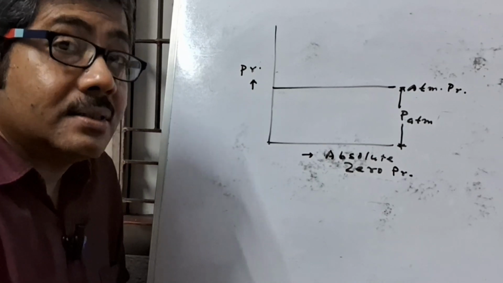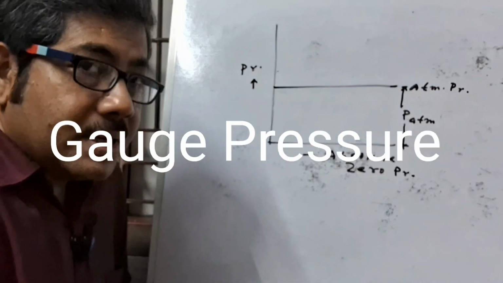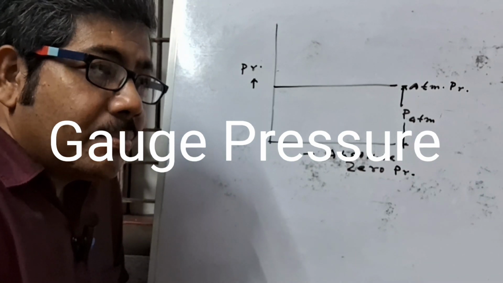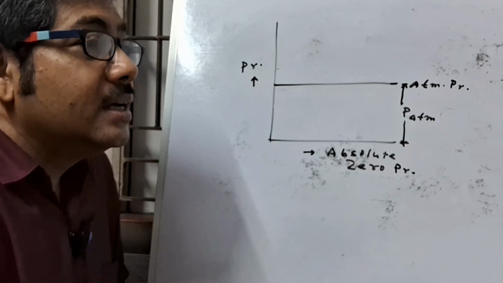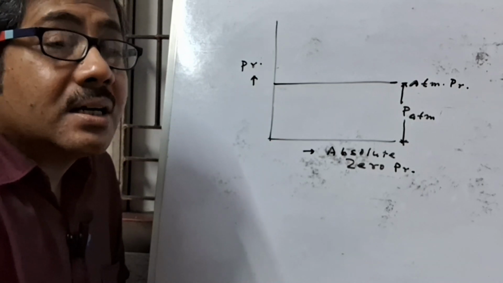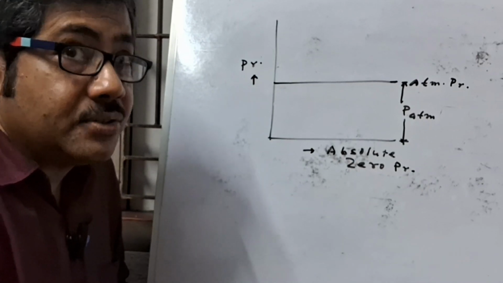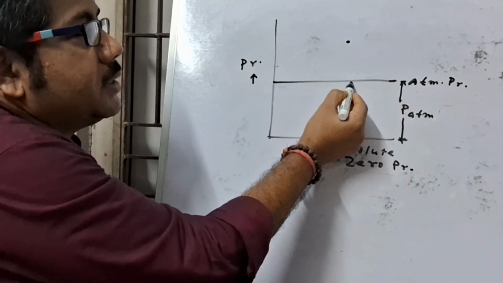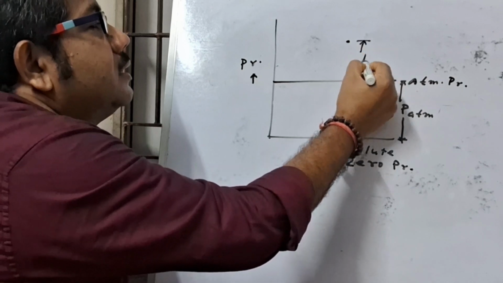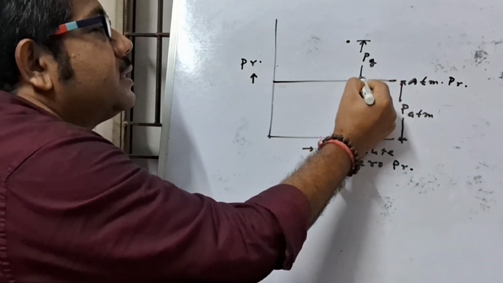So another type, this is gauge pressure. When pressure is above atmospheric pressure, this is called gauge pressure, and it is measured with pressure measuring instrument. This is gauge device. That means here a point above atmospheric pressure, this is actually gauge pressure.